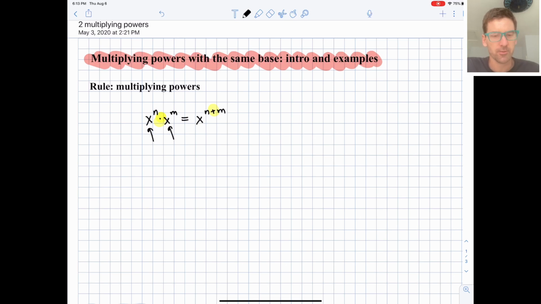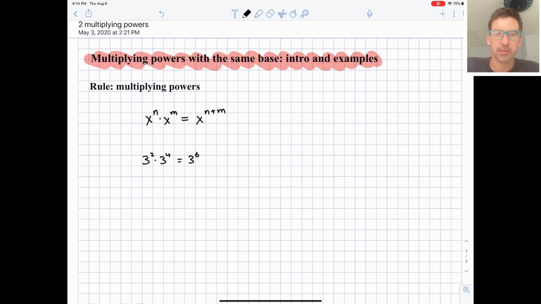And let's talk about why it works. I don't like just giving a rule and having you trust me. So let's say we had 3 to the second times 3 to the fourth, okay? Using the rule, we would add the 2 and 4 together, and we will get 3 to the sixth.